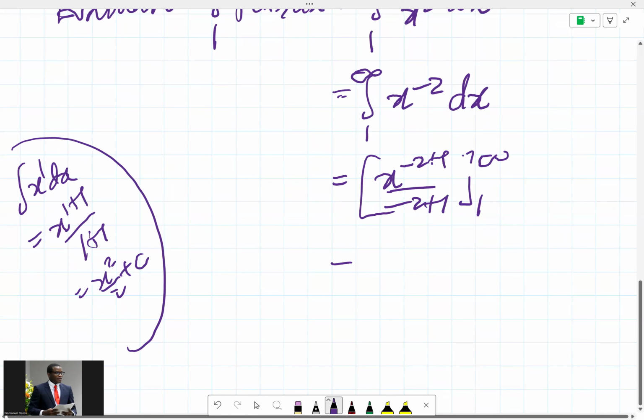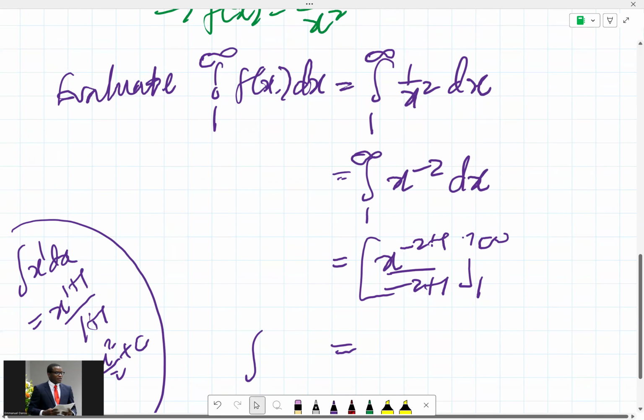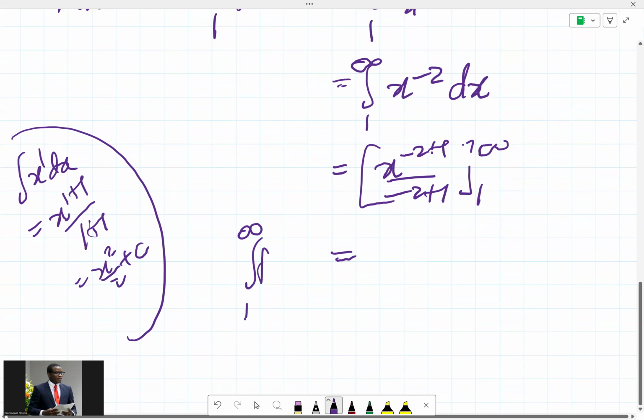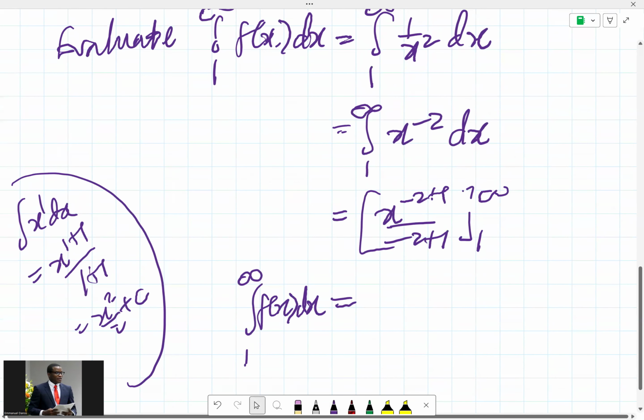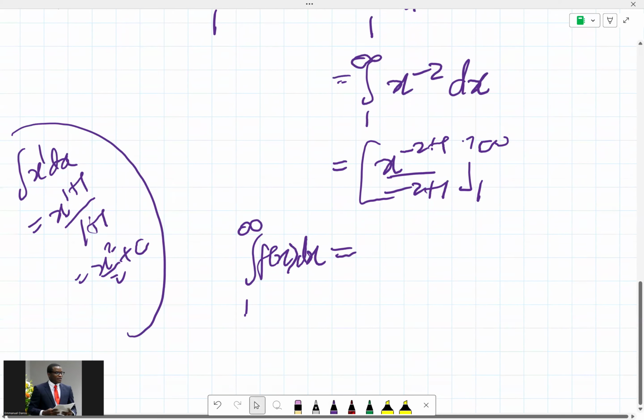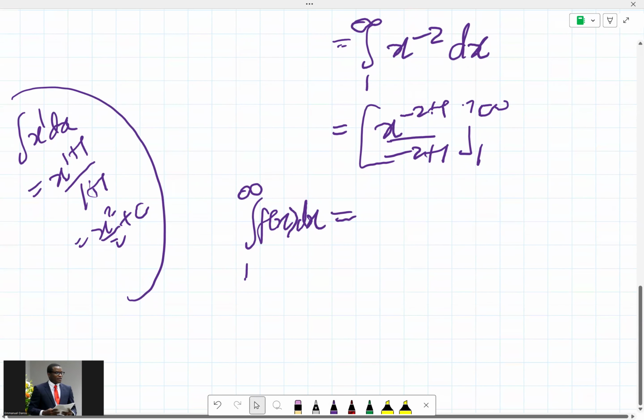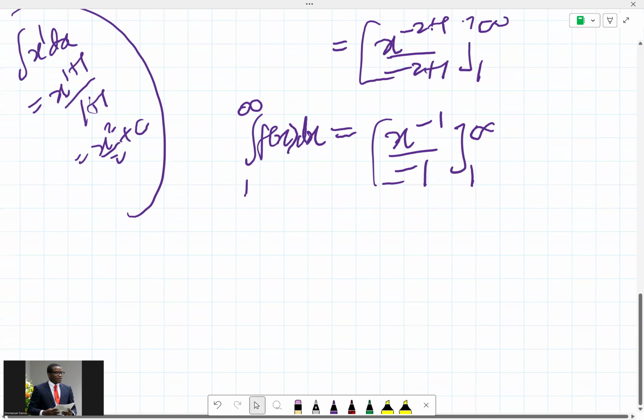So we're still talking about the integral from 1 to infinity of f of x dx, that's 1 over x squared dx. So this is actually x raised to the power minus 1 all over minus 1, from 1 to infinity. We have to evaluate at those limits.